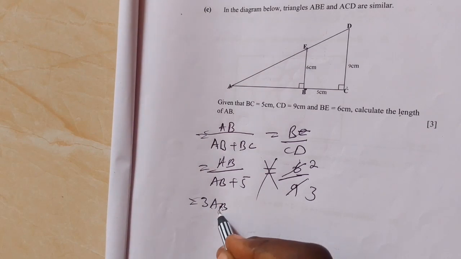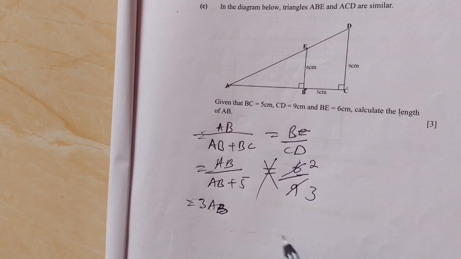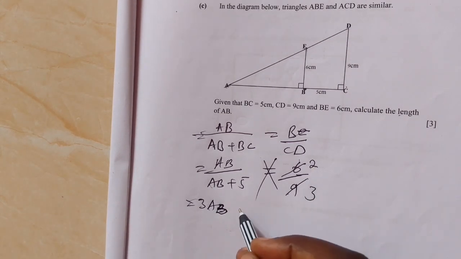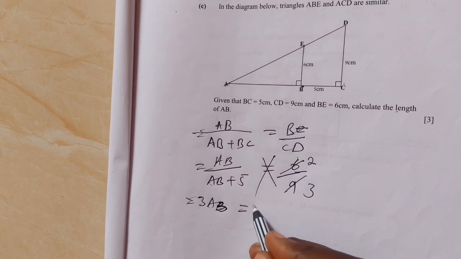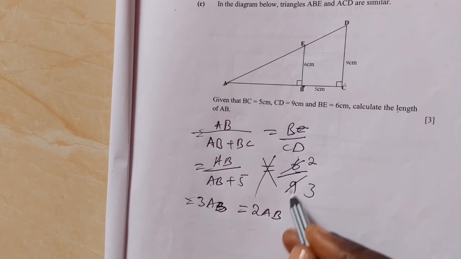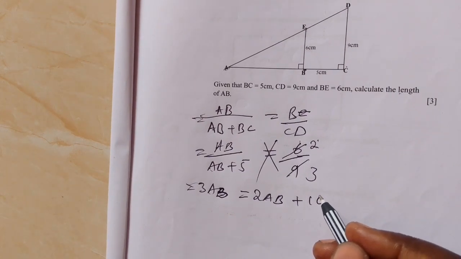Then 2 times AB, that is 2AB. 2 times positive 5, that is positive 10.